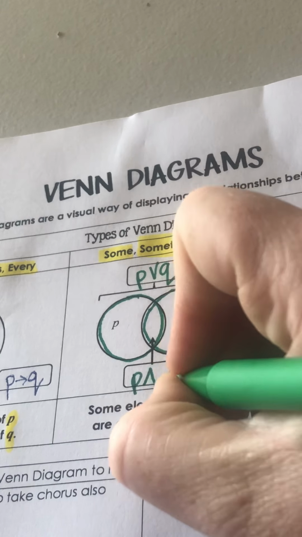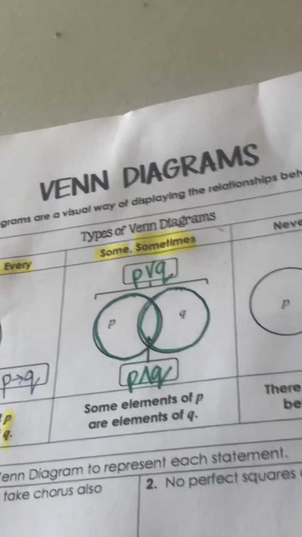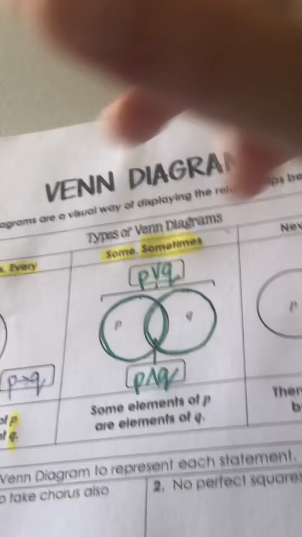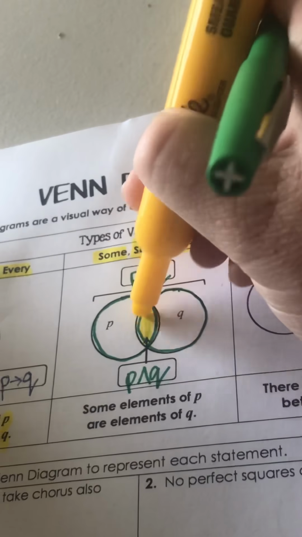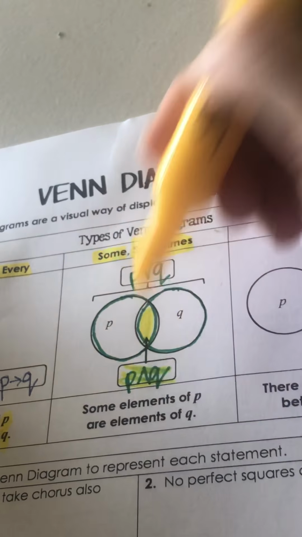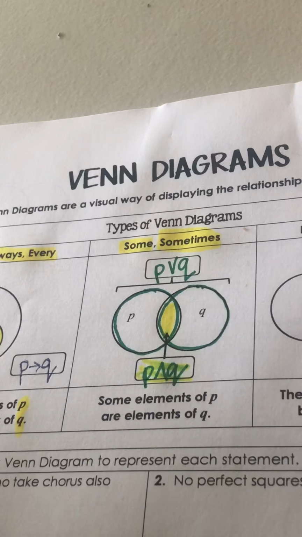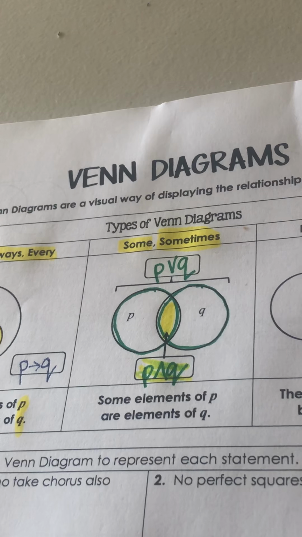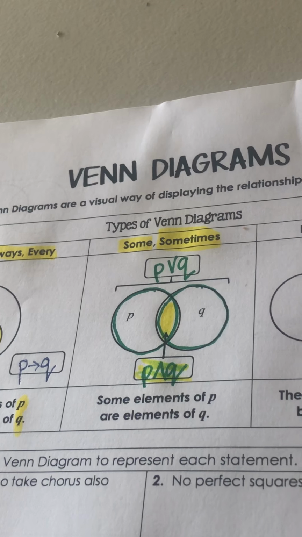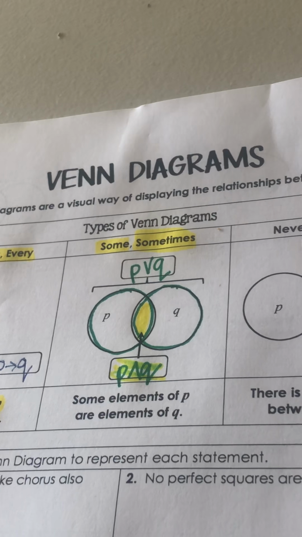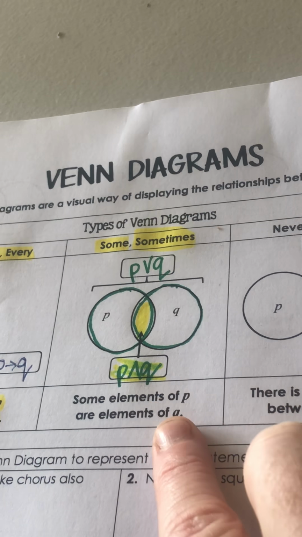That'll be P and Q. So if you think about your Venn diagram, the middle is going to be what's in common. They have to both be in common to be an and. All right, then your outsides, that's your or. Some elements of P are elements of Q.